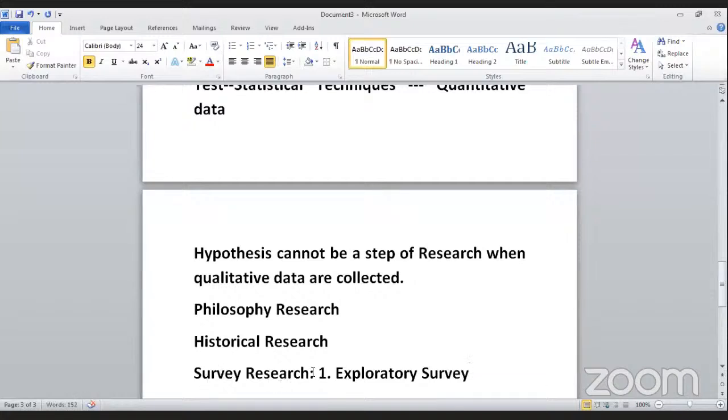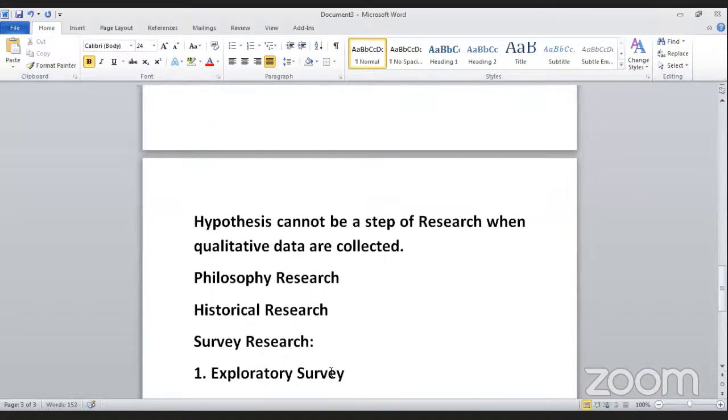When it is an exploratory survey, you cannot have a hypothesis because the data which you will have will be qualitative in nature. The geology people, they do exploratory survey.